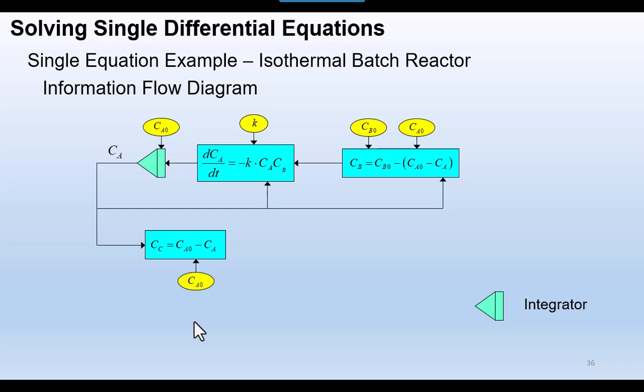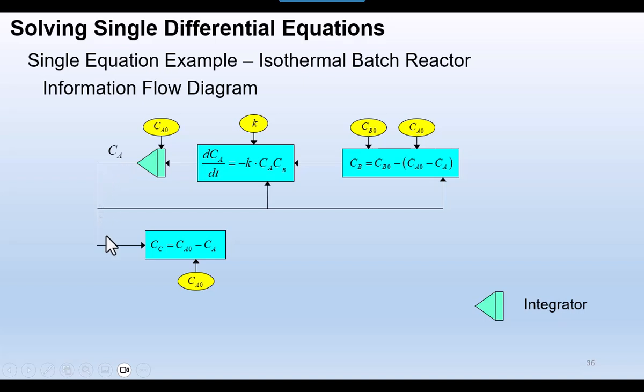It's called an information flow diagram, and it starts in the middle by describing the differential equation you're solving, and then we note that there is a constant parameter k that has to be provided. And then we use a numerical method starting with the initial value of CA0 to solve for a value of CA, usually a little bit after time equals 0.